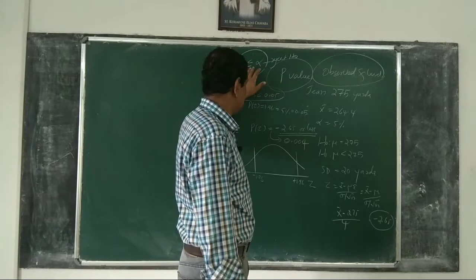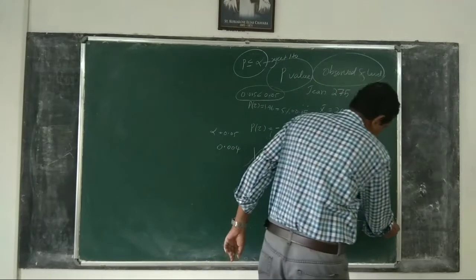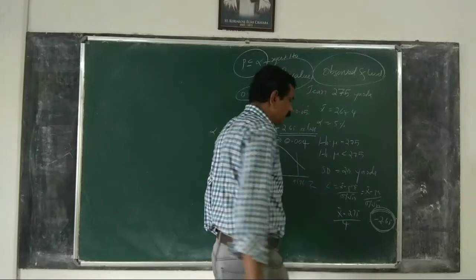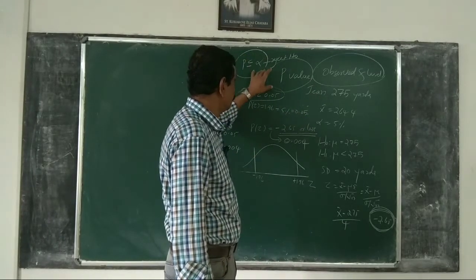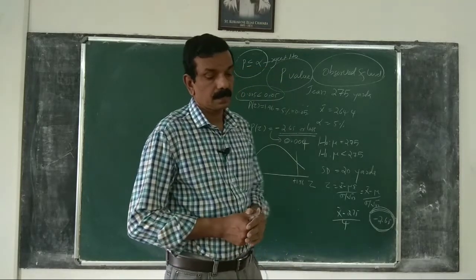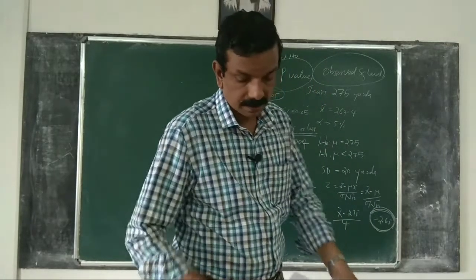Then we calculate the p-value, the probability value associated with the observed value of the test statistic. And if this p-value is less than or equal to the level of significance, reject H0, whether it is a one-tailed test or a two-tailed test.